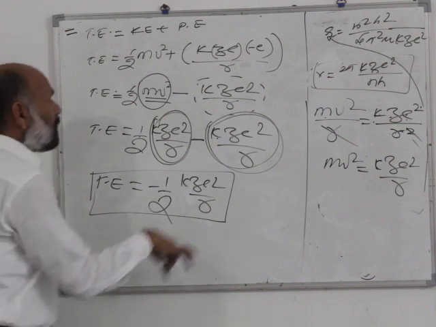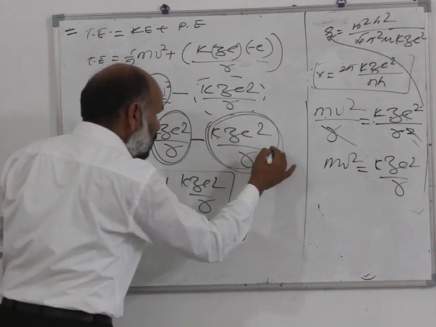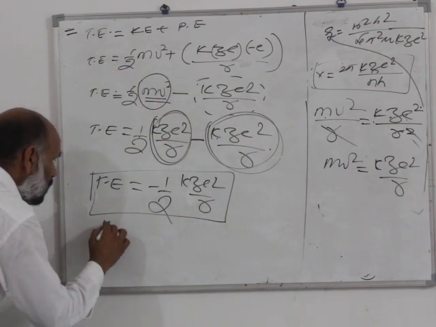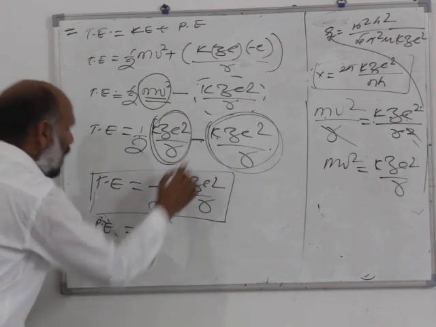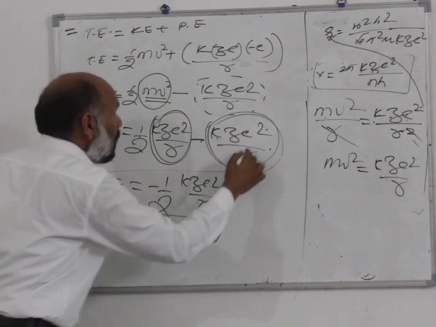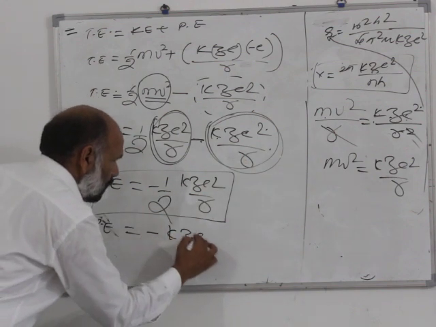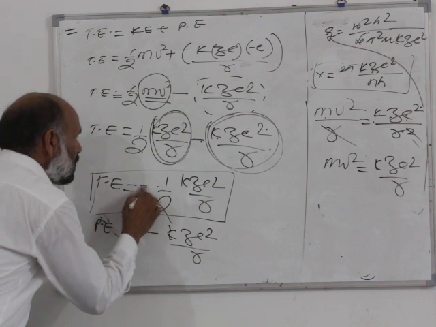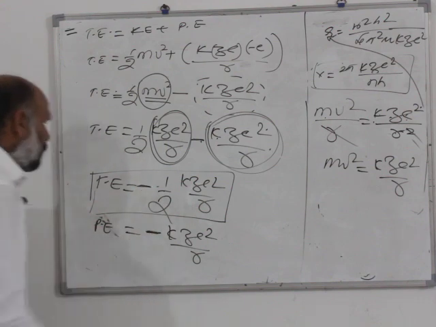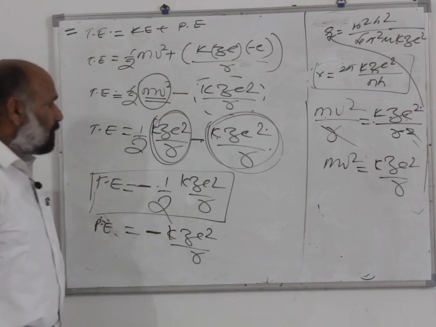What is potential energy? It is already written here. Potential energy equals minus k z square by r. So total energy is minus. Potential energy is also minus.